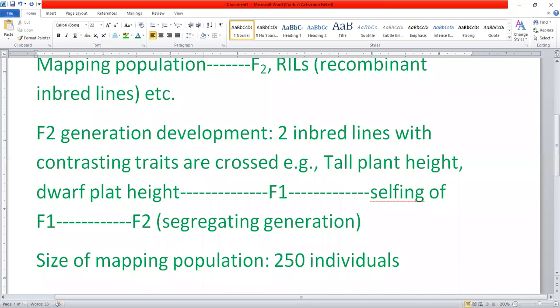So the data of 250 plants of the F2 generation is recorded, and this will give the phenotypic data.